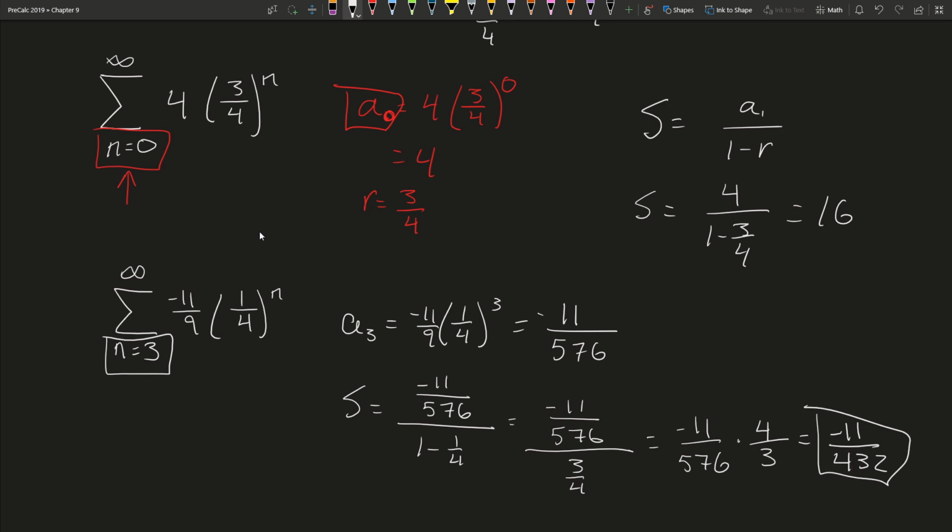When we do that, we get negative 11 over 432. It's really the same thing over and over. You're just following this equation, but you're being very careful about what your first term that you're summing is actually going to be. Okay, so questions over any of these examples?